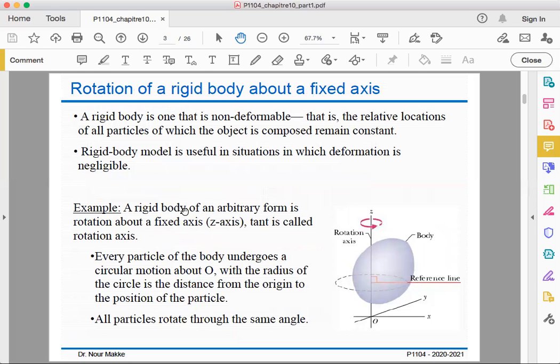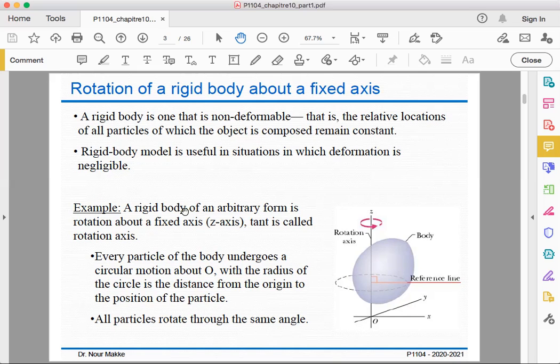So to study the rotation of rigid body about a fixed axis, let's first start by defining what is a rigid body. And actually, the easiest way to define it is by saying that a rigid body is one that is non-deformable. So the relative locations and positions of all particles that constitute this object remain constant.